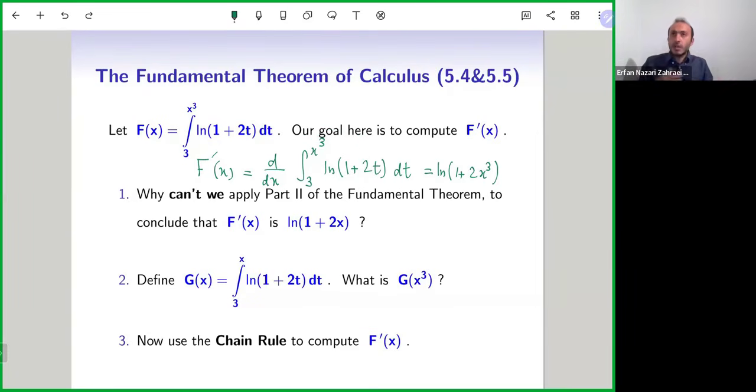By the chain rule, I also need to multiply by the derivative of the inner function, the derivative of this as well. The derivative of that is 3x squared. So that's the final answer. Basically, the final answer is 3x squared times ln(1 plus 2x cubed). As simple as this.